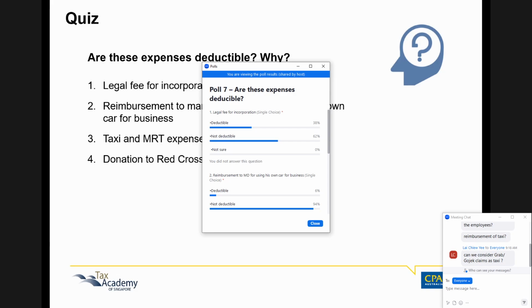But really, you have to remember one thing: you have to add back the expense first under the expenses part. Then at the end of the computation, we'll do allowable deduction if applicable. Like I said, we brought this point up just to highlight it. Okay, I'll stop sharing.